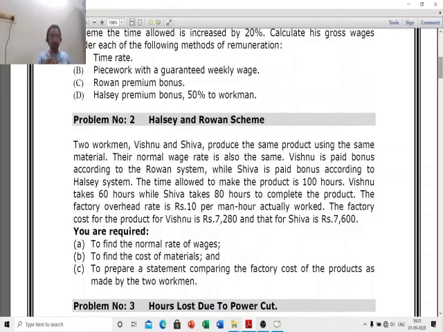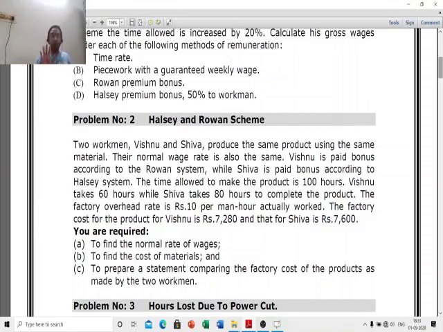So materials plus labor is called prime cost. Then if you add manufacturing overheads, or factory overheads, to materials and direct labor, you get what is called factory cost. So materials alone, material cost; materials plus direct labor, prime cost; that prime cost plus factory overheads is called factory cost.